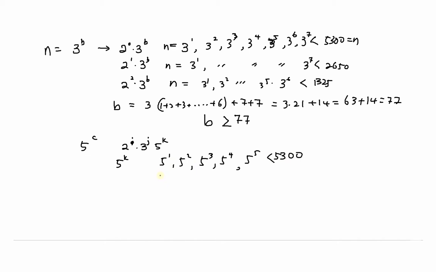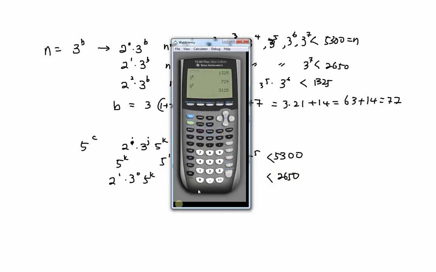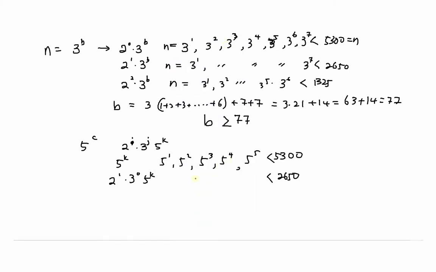Alright, so let's go down to when you have 2 to the 1 plus 3 to the 0, and you have 5 to the k. So here I can divide by 2 just like up there, so I'll get 2650, and obviously we just saw that that's over 3000, so we can use 5 to the 5th power. So we can use 5 to the 1st, 5 to the 2nd, 5 to the 3rd, and 5 to the 4th, and we have to stop there. Then 2 to the 0, and then 3 to the 1st.